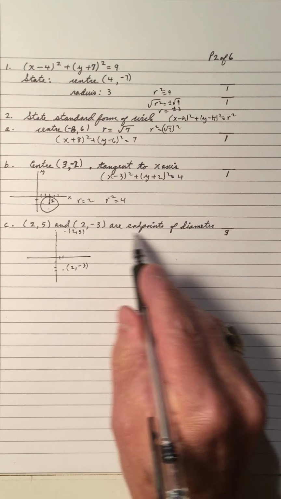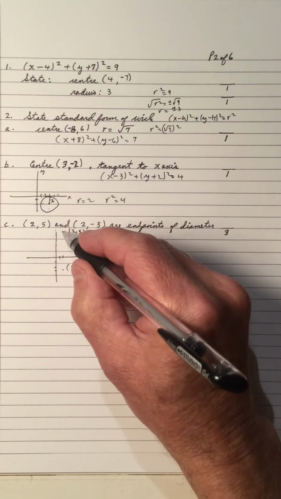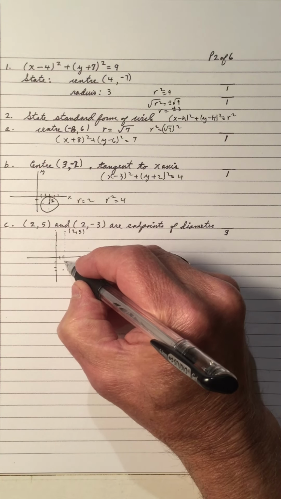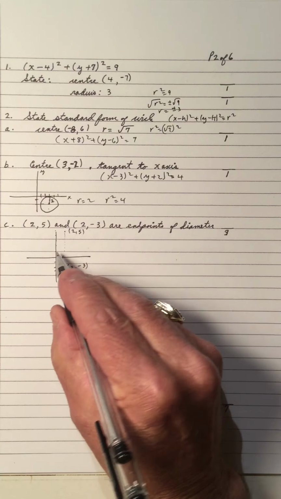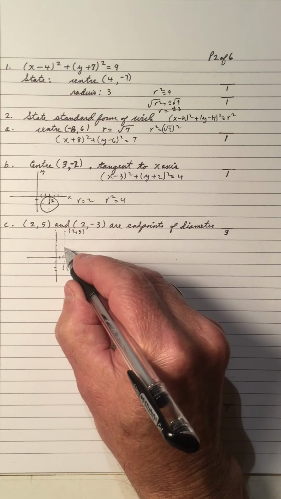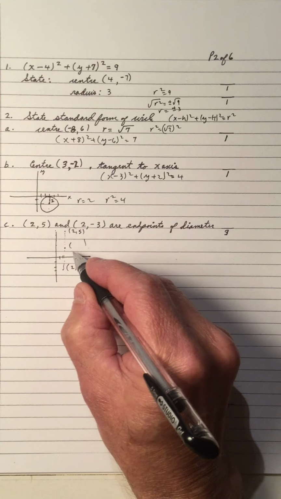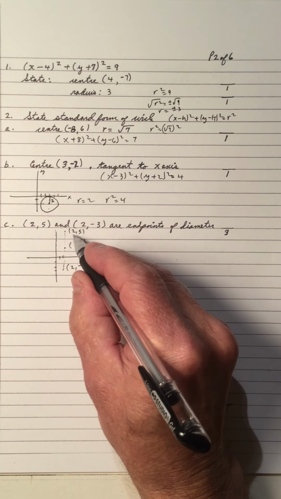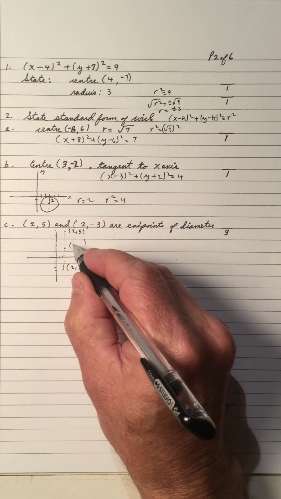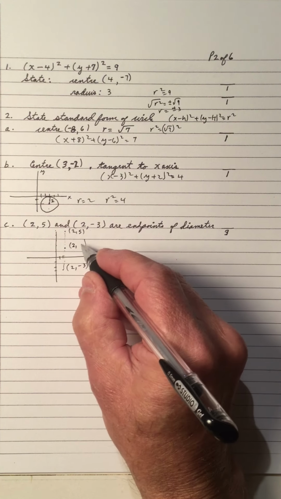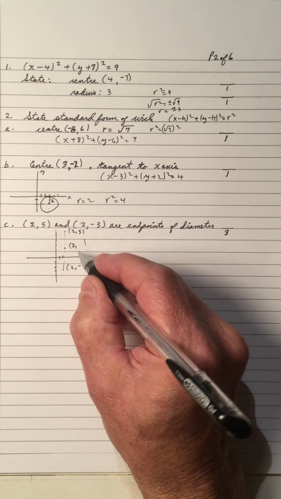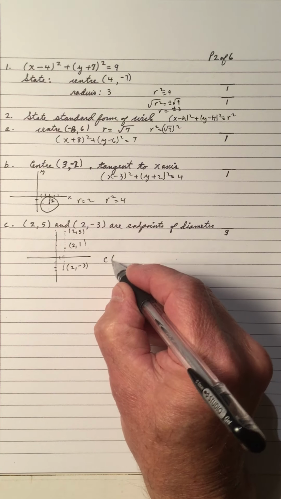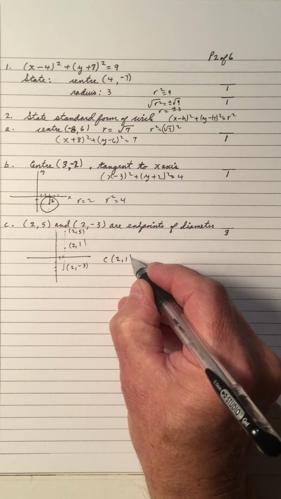So the diameter is going down like this. So very quickly, if that's the diameter, we get the midpoint, which is the center. So the midpoint: there's a 2 and a 2, so add them up, you get 4, divided by 2 is 2, so it won't change. And you've got 5 and -3, if you add up, you get 2, 2 divided by 2 is 1. So the center is (2, 1).